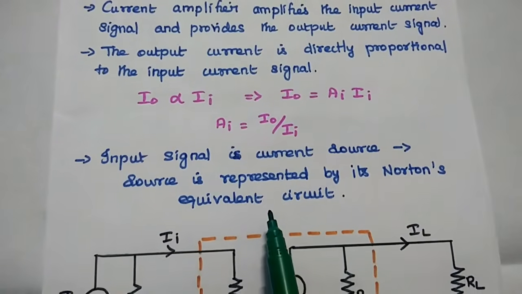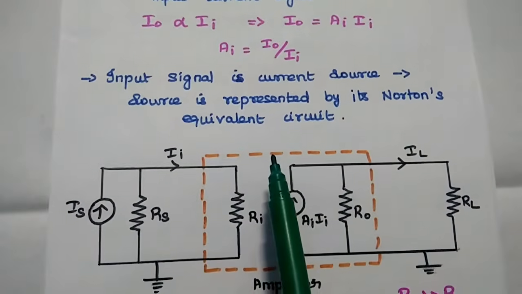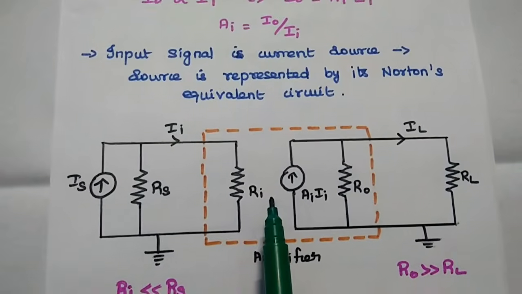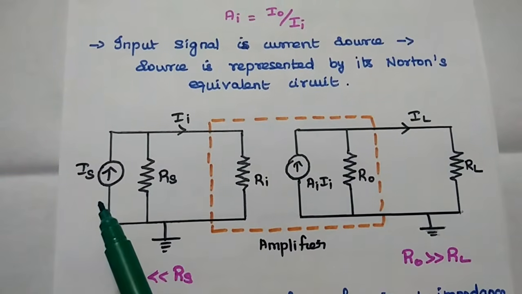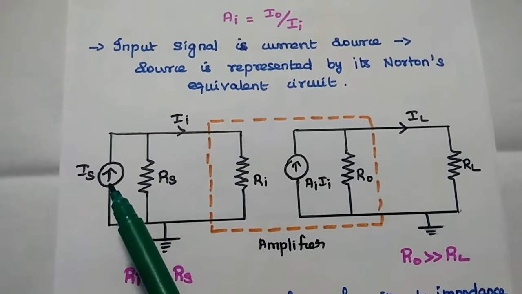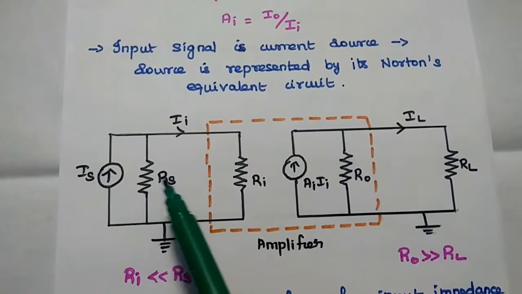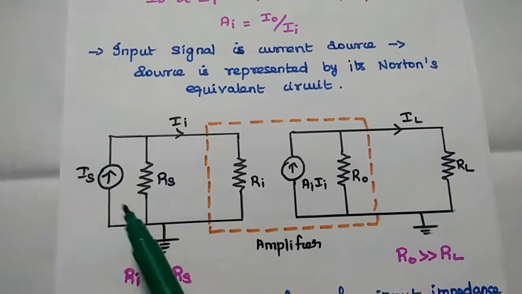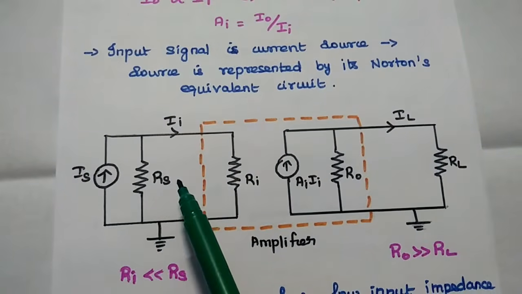So input signal is a current source. We are going to use Norton's equivalent circuit for this amplifier. So this is the small signal equivalent circuit of this current amplifier. We are using the Norton's equivalent circuit for this current source. So IS in parallel with this source resistance, that is called as Norton circuit. Current source in parallel with the resistance is the Norton circuit.